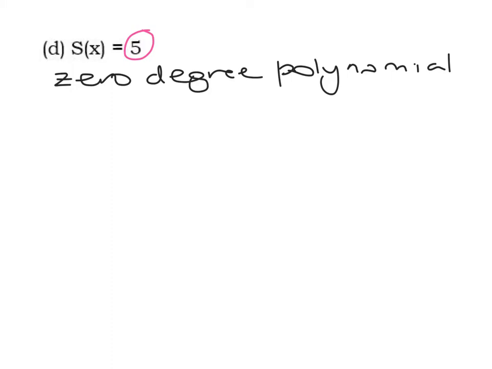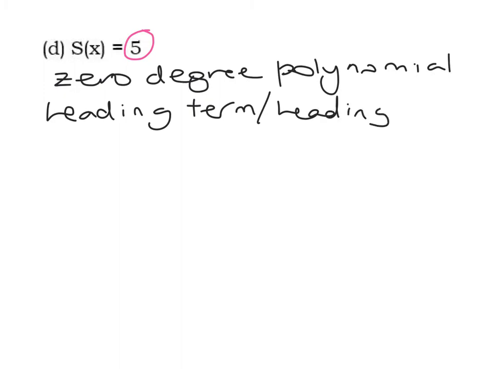And it's written in order of highest to lowest power. The leading term and the leading coefficient are going to be the same. They're both going to be 5. The degree, we've already discussed that, is 0.